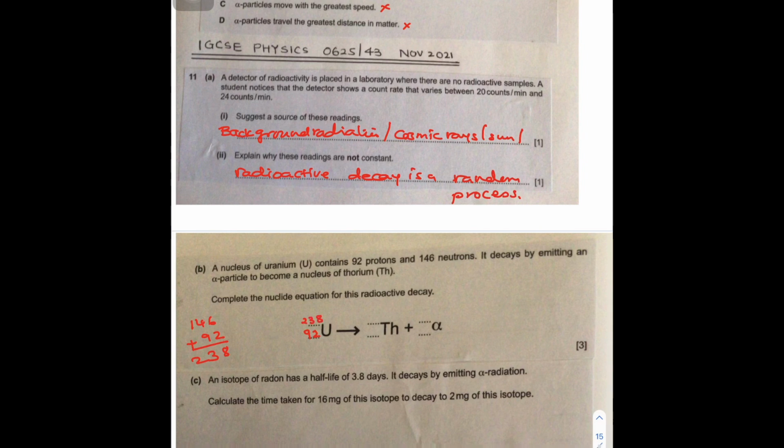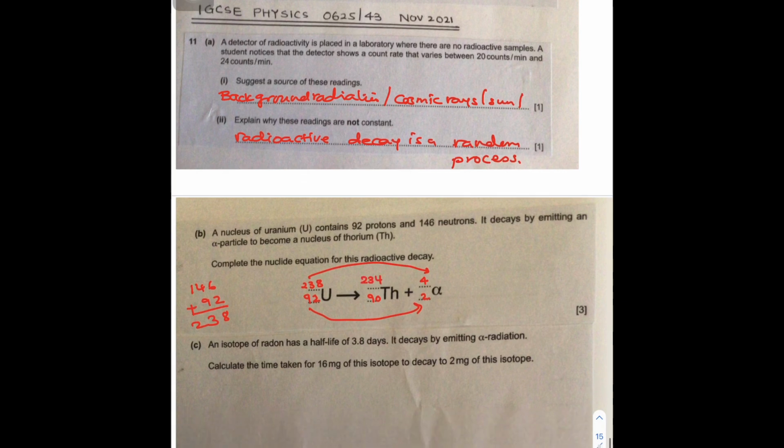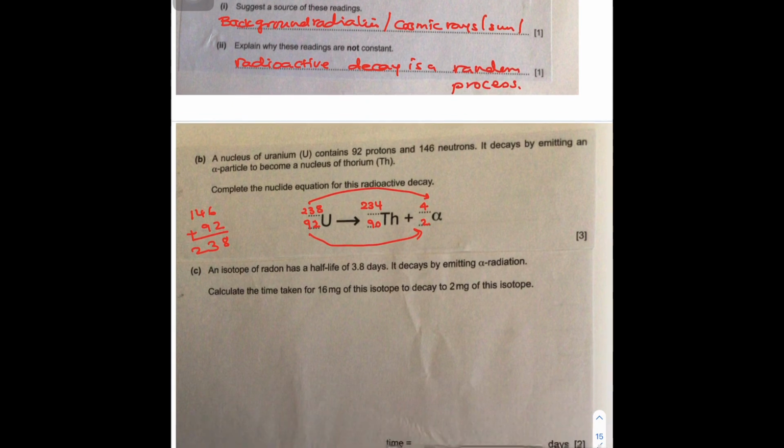So I write 238. Now it is decaying by emitting alpha particles. Alpha particle is 2 protons, 2 neutrons, 2, alpha 4. 92 minus 2 is 90, and 238 minus 4 is 234. So it's 90 thorium 234.